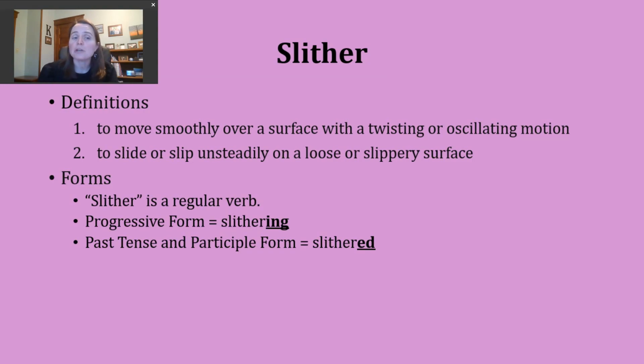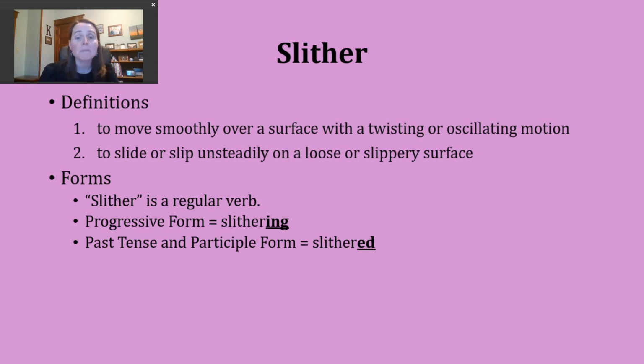Now, another way you might encounter this verb can mean to slide or to slip unsteadily on a loose or a slippery surface. For now, you should know that slither is a regular verb. If you want to make the progressive form of this verb, all you need to do is add ing, and that forms slithering.